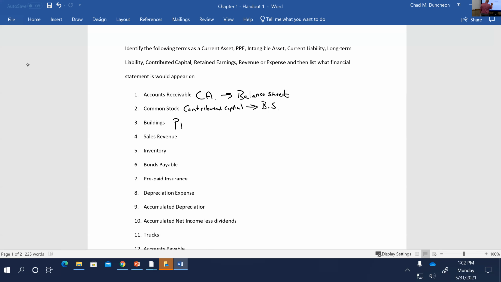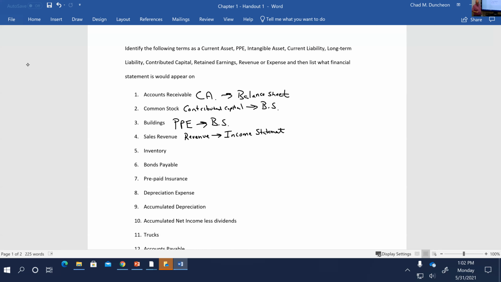Buildings are PP&E, property, plant, and equipment, also found on the balance sheet. Sales revenue should be an easy one because it has revenue right in the name, and all revenues and all expenses are found on the income statement.